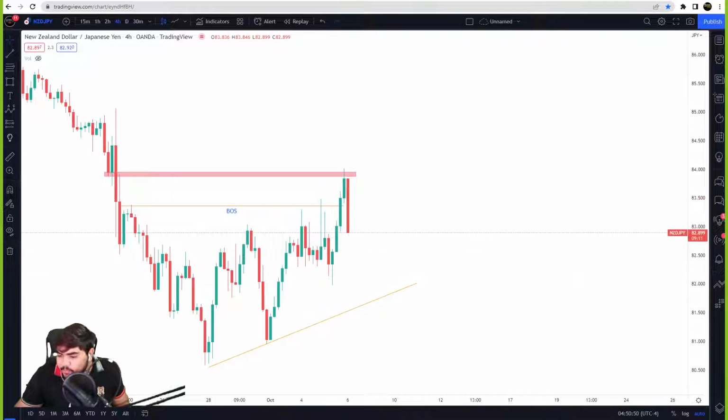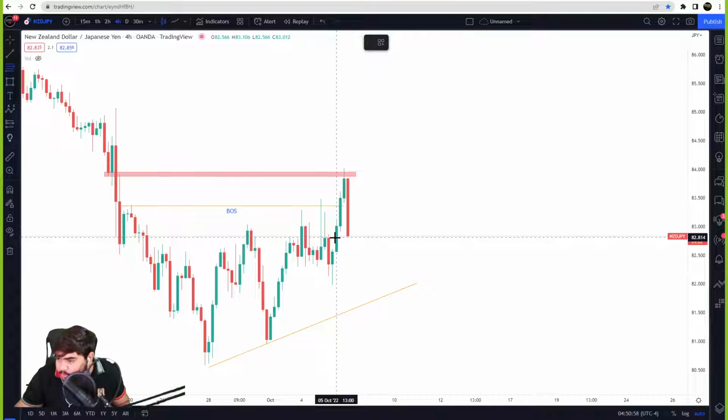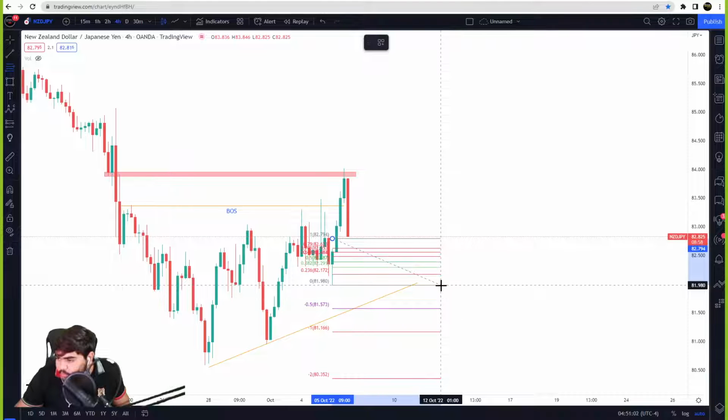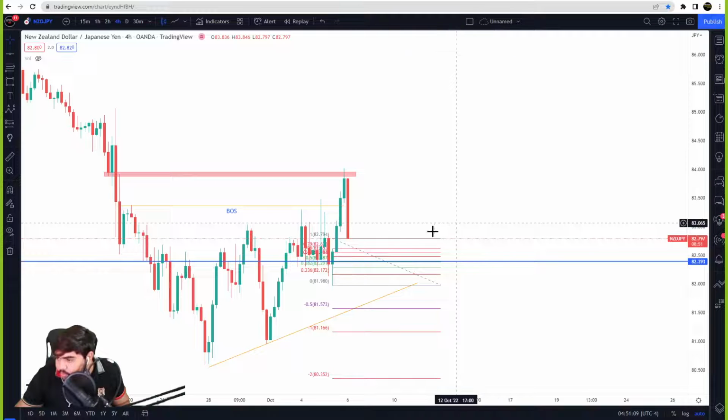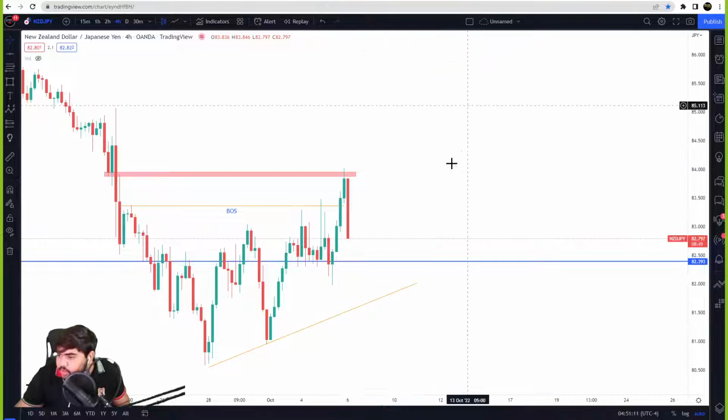I think, Asad, in my opinion, if we can mark the 50% of this candle, which is roughly around here, around this zone. I'm gonna remove this.